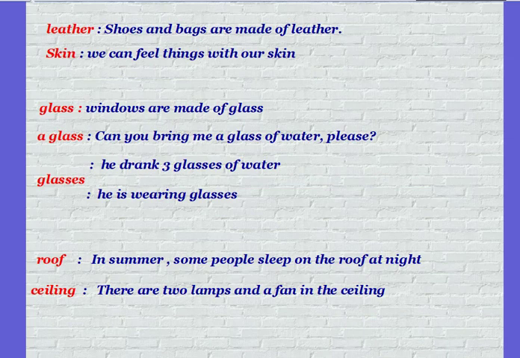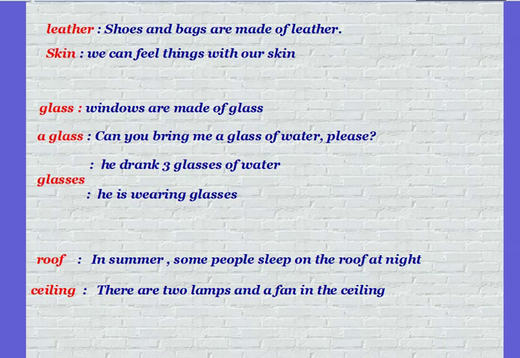Let's move on. So what is the difference between leather and skin? Shoes and bags are made of leather. As I told you before, leather is a material made by removing the hair or fur of the animal's skins.